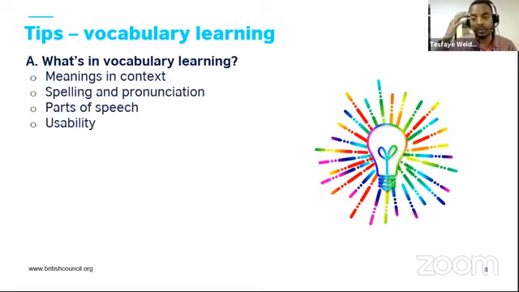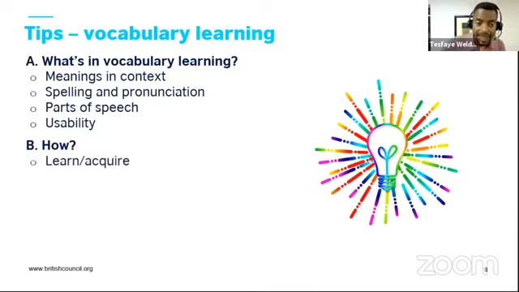So you might look at the dictionary and you might use a word that is not really being used currently, and that might not really be useful. So make sure that they are being used. They are not Shakespearean words. They are not from Old English. So that's very important too.